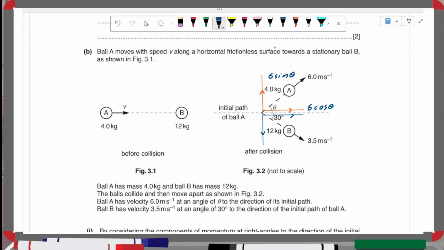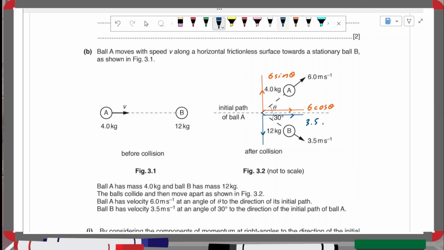So for the blue ones, for the velocity 3.5 meter per second, the component along the x-axis is connected with the given angle.